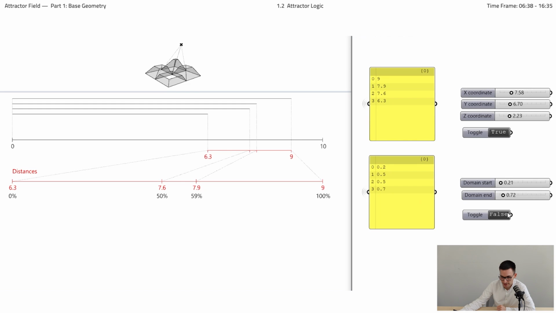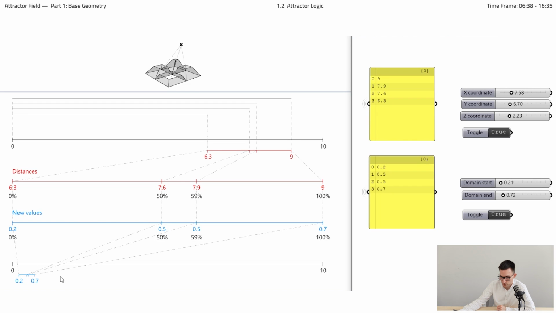And now we can change these numbers without changing the percentage values which they represent in this system. So we can change these numbers, but the distances to each other are still the same. We can change the domain start and end, and the values in between will be recalculated.